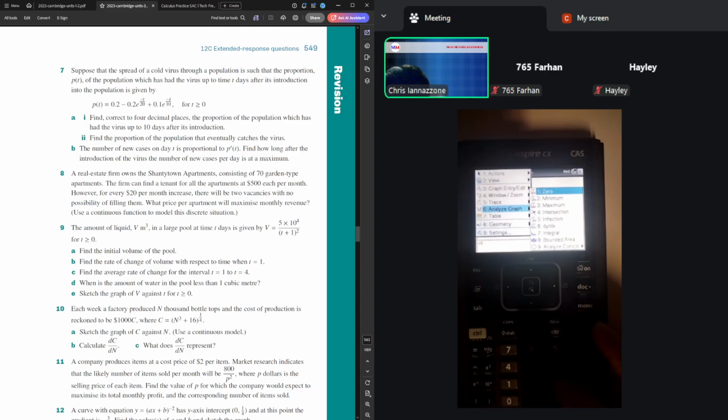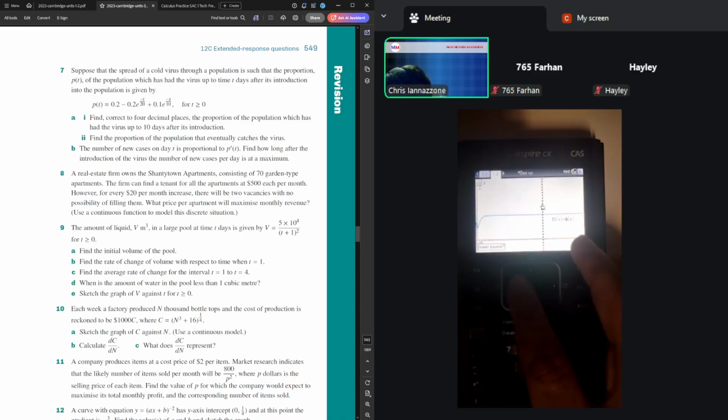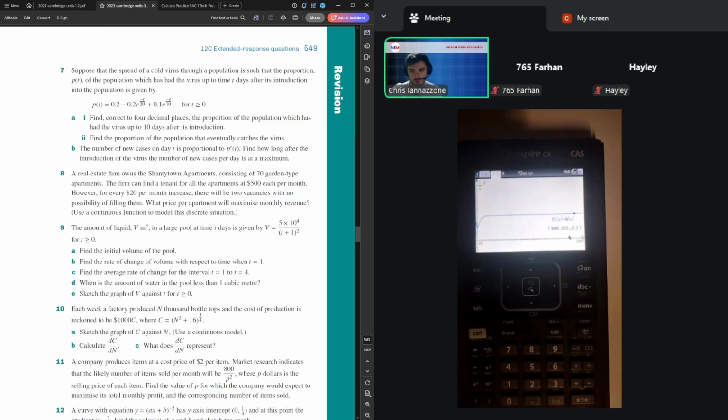You can use min, max, it doesn't really matter, probably max, and set some boundary over here. All we're trying to do is estimate what roughly is out there, and what roughly is out there is the y value 0.2. The proportion is going to reach up to 0.2. That's the graphical way of doing that.